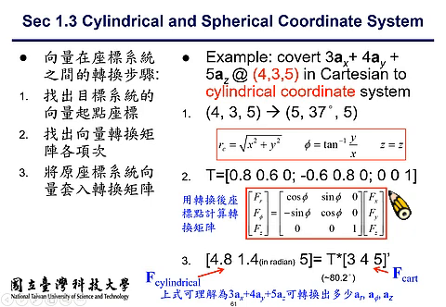So I use the transform matrix T times fx, fy, fz, that is 3, 4, 5 in the right column. And it shall give you the converted vectors on the left hand side. That will be 4.8, 1.4, and 5.